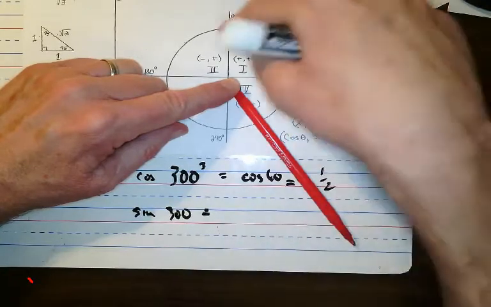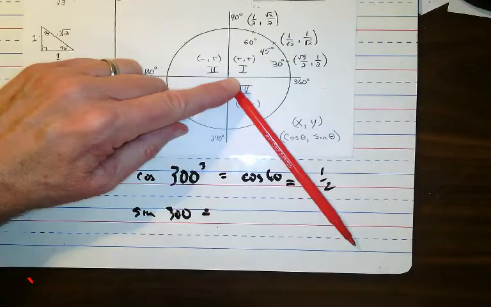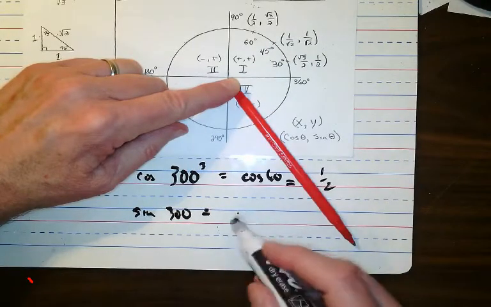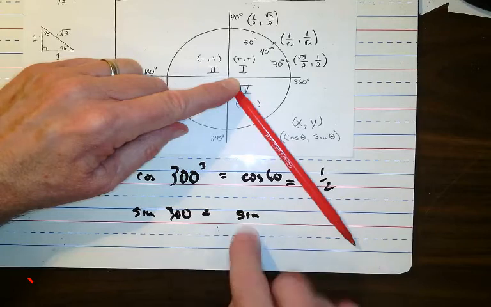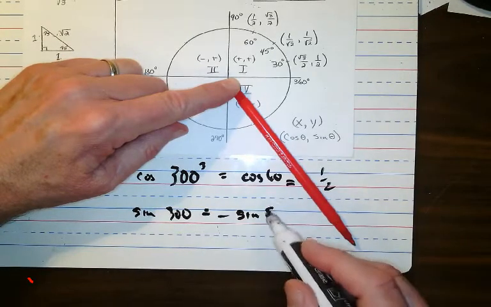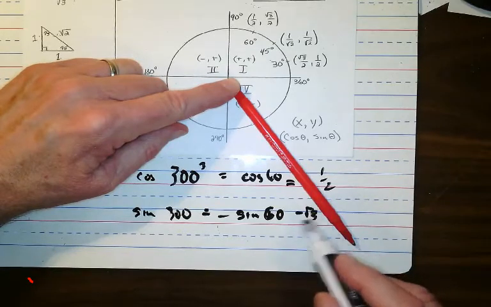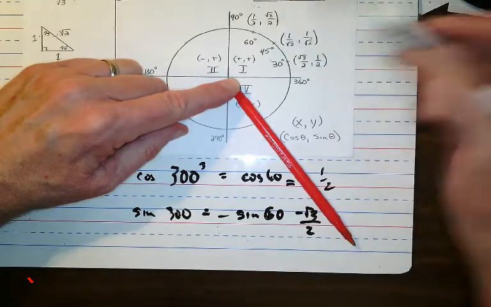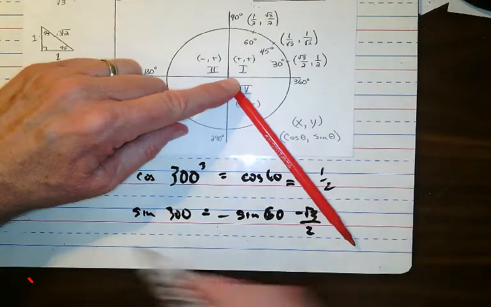Well, the sine of 300 is down here in this quadrant. Down here, the y values are negative. So that means the sine of 300 is the same thing as the opposite of the sine of 60. So that would be negative square root of 3 over 2. Right? That's what we got. Yeah, baby. That's how we do it every single time.